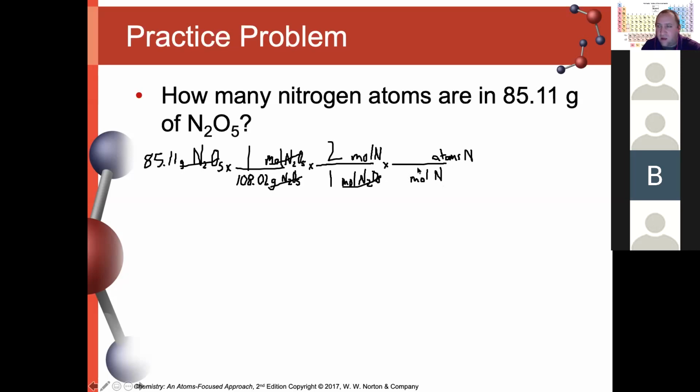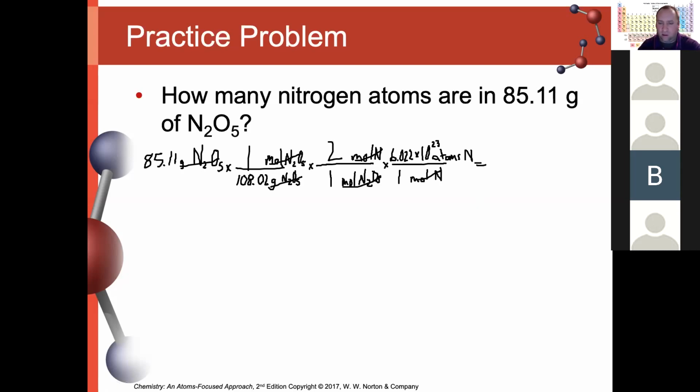And this is where the Avogadro number comes in. 1 mole is 6.022 times 10 to the 23rd. And so my moles of nitrogen cancel. And now I do my calculation.